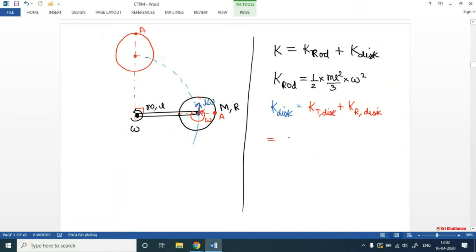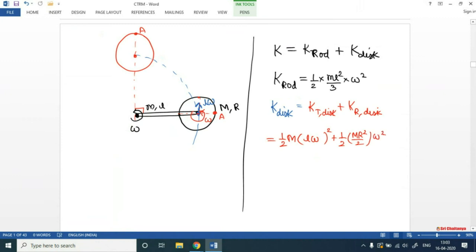So translational kinetic energy of this would be half into m, and the velocity of its center of mass, we have already established, that is L omega, squared, and the rotational part would be half I omega square, and I would be simply mr² by 2 here, and omega here is simply the same omega.